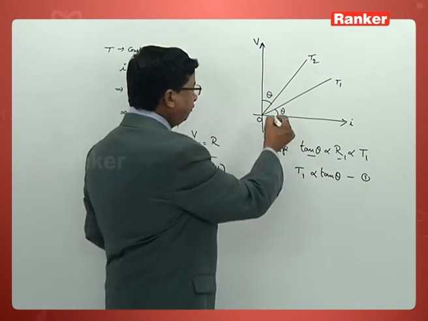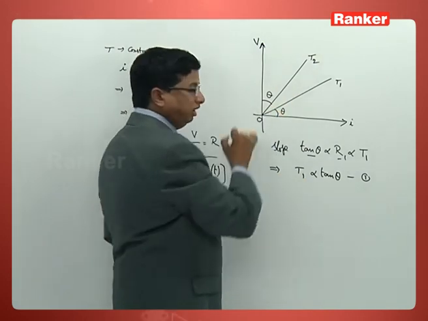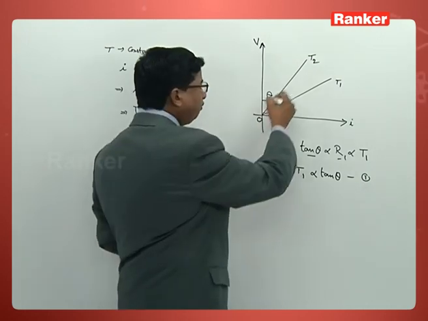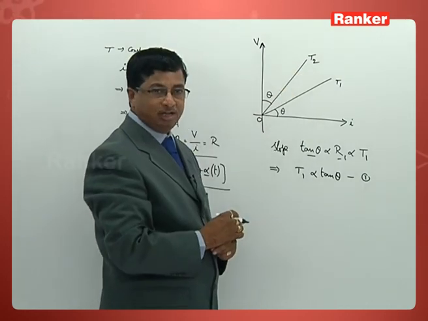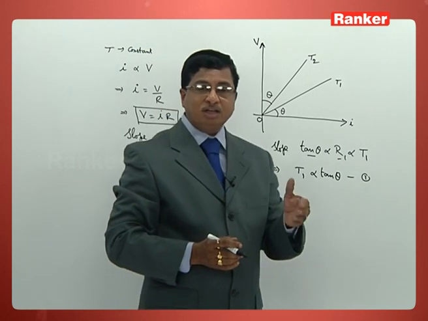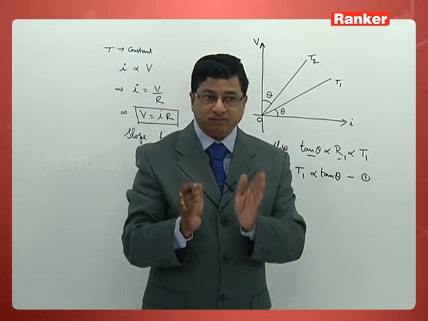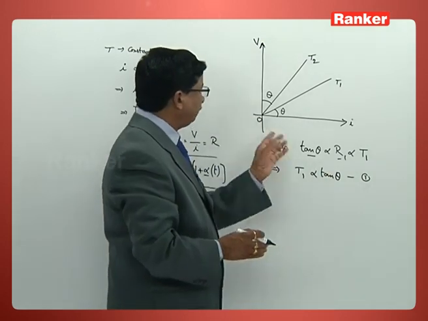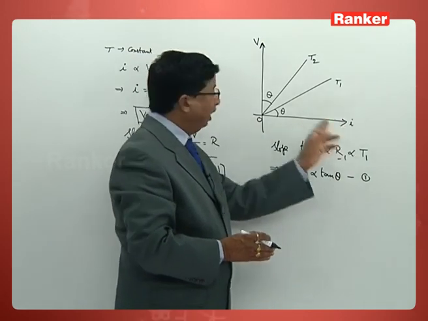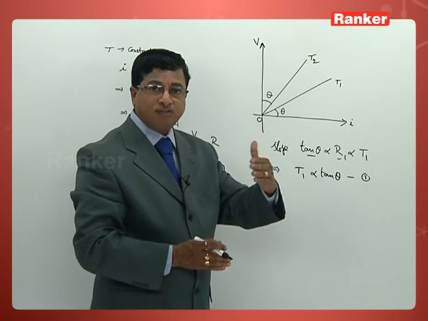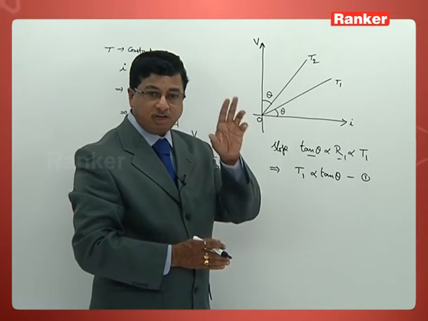Now check carefully the second straight line. This is also a straight line graph, giving us a linear relation between V and I. When V increases, I also increases, and V by I remains constant at that particular temperature.